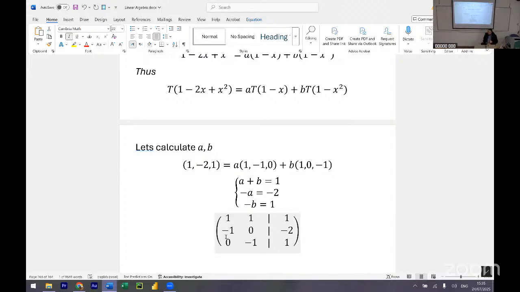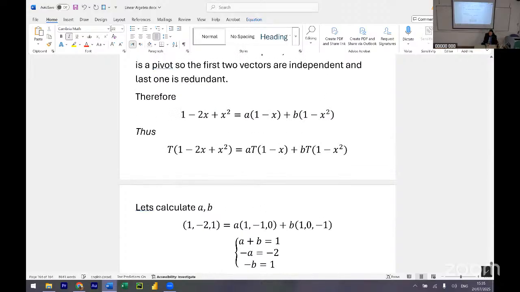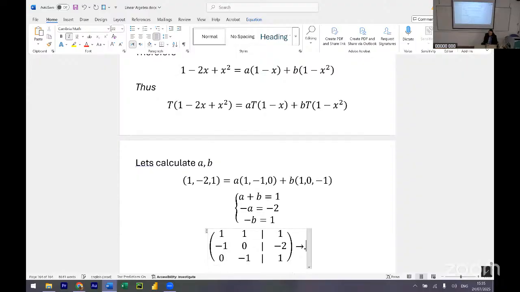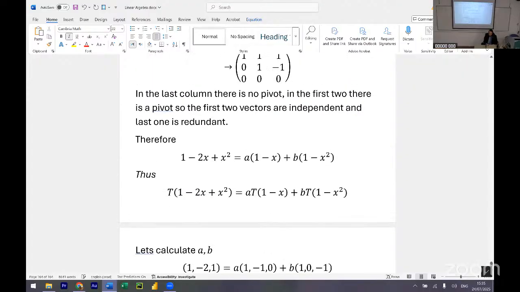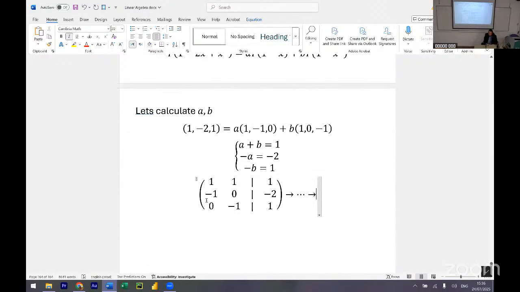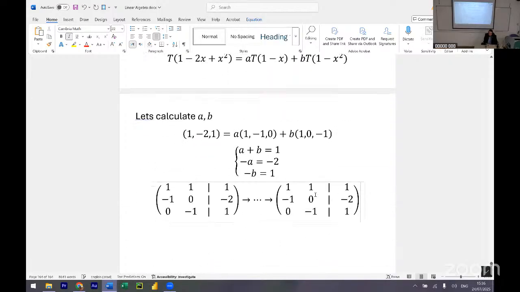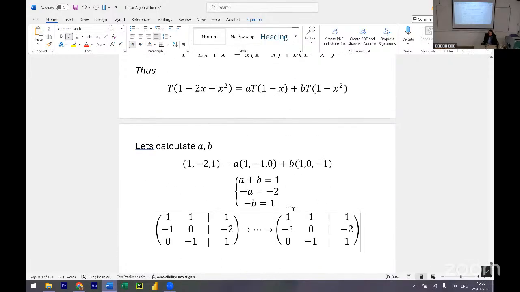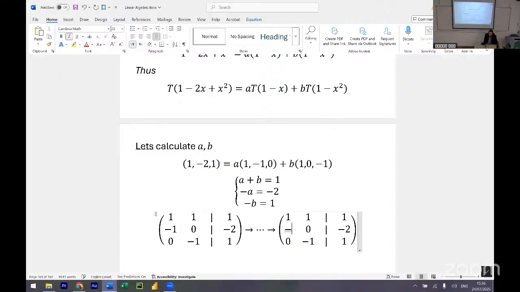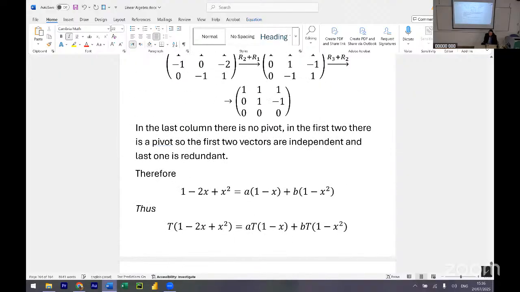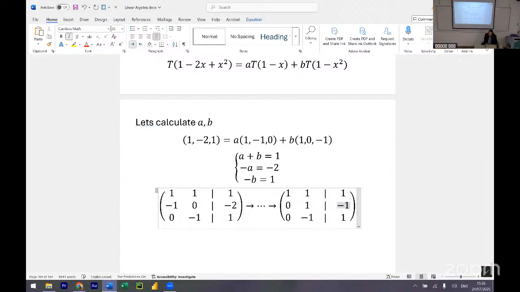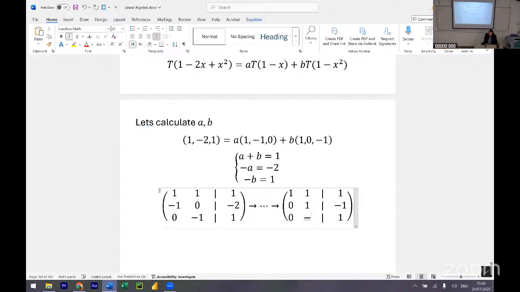So I can skip the Gauss elimination to the point we got to before, because it's the very same matrix, just with the dashed line columns. So it's 1, 1, 1, then 0, 1, minus 1, and this is 0, 0, 0.